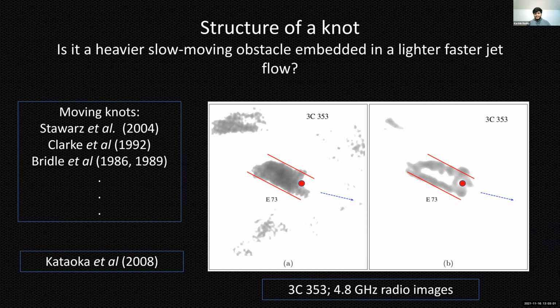Is it like an outer flow that's flowing around this knot? That's great. In fact, in a detailed polarization study on this particular object, the magnetic field lines appear to be perpendicular to the jet in the mid regions, and they are parallel to the jet in the outer region. So you have a different magnetic field structure.